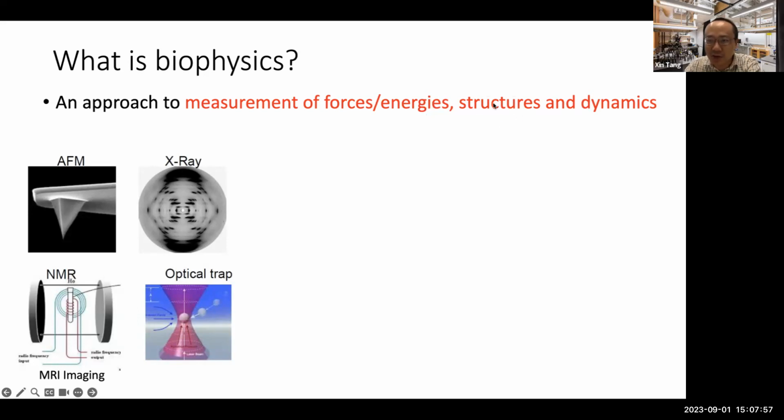Structure, what does it mean? Structure means the layout of different components of the cell, because this structure will determine the function, and the function will reshape the structure. So those structures are very important to look into. For example, if a neuron has disease, such as Alzheimer's disease, people tend to forget things.